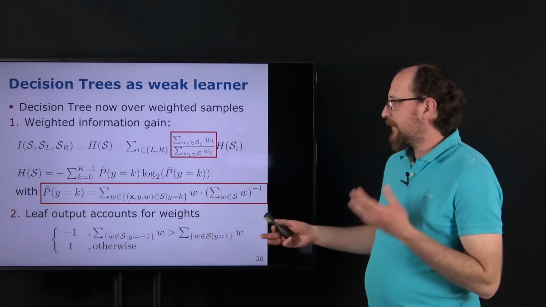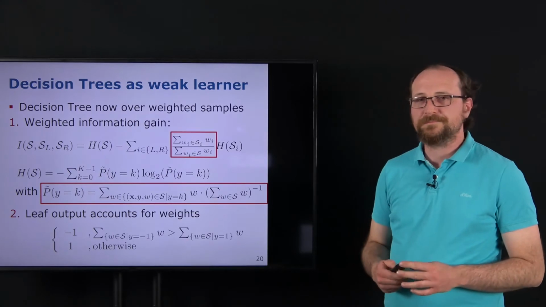So this accounts then for the weights in the sets.